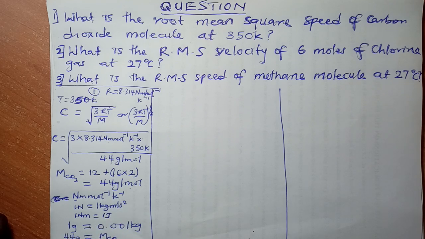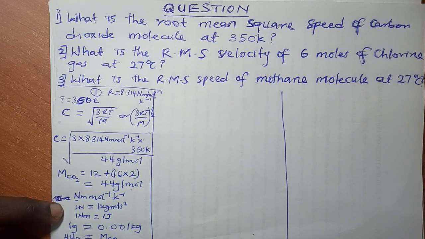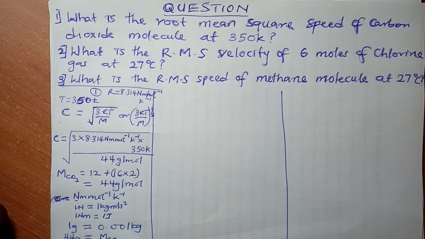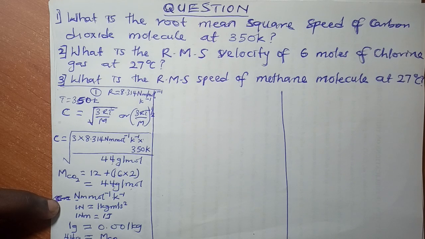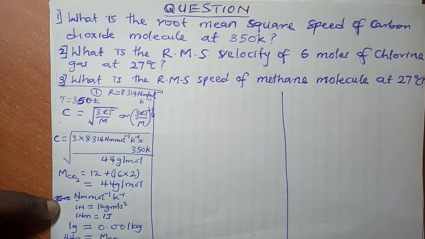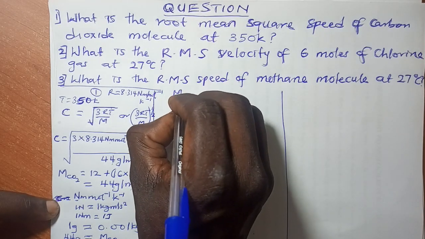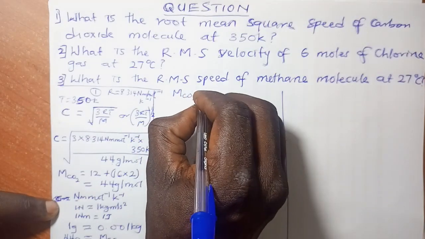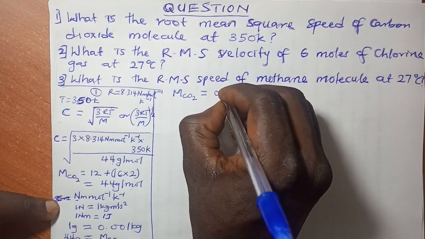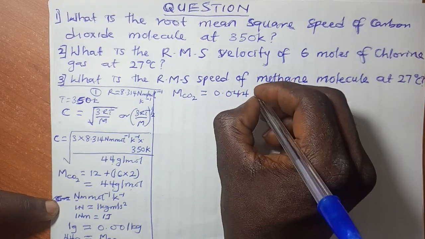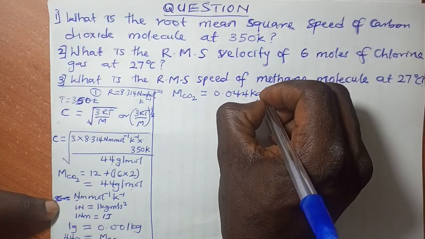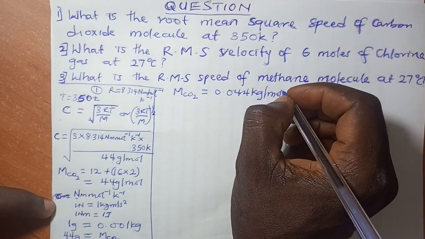Please note that the capital letter M denotes the molecular weight, while small letter m denotes mass. So you have 44 gram times 0.001, and the molecular weight of carbon dioxide will give us 0.044. What will this unit be? It will be in kilogram per mole. I think it's in the standard unit now.